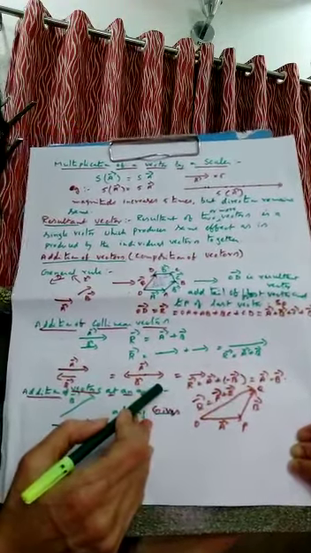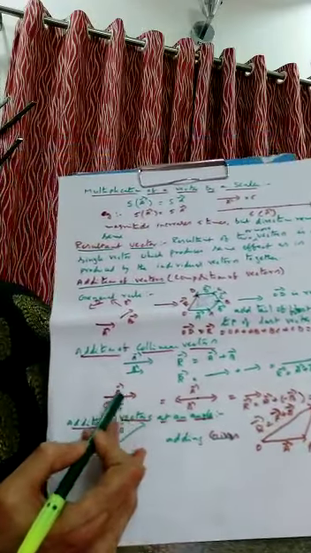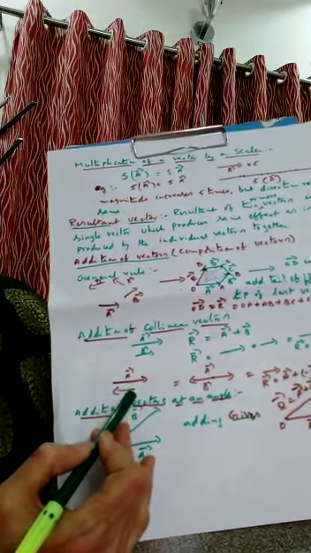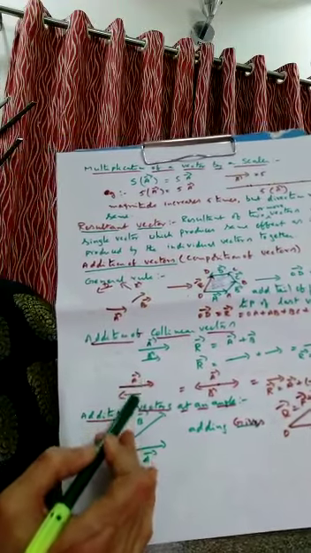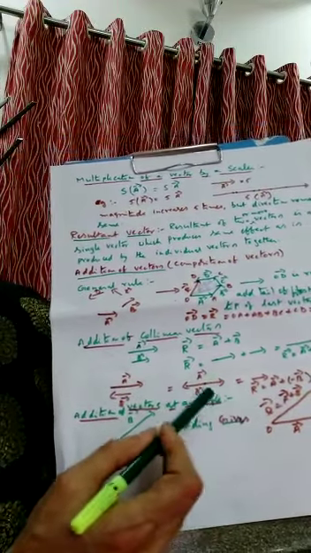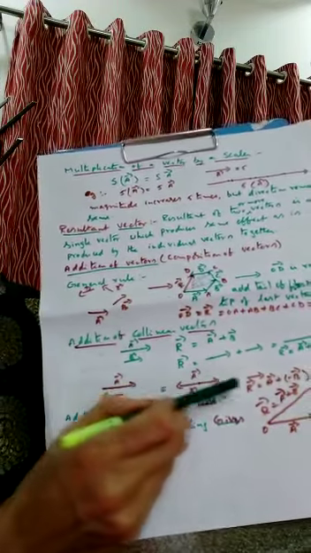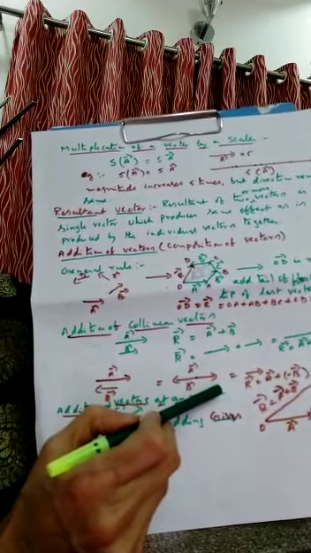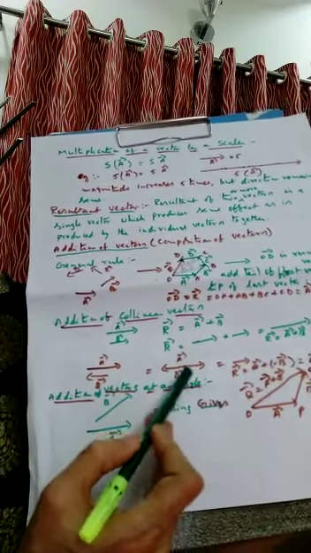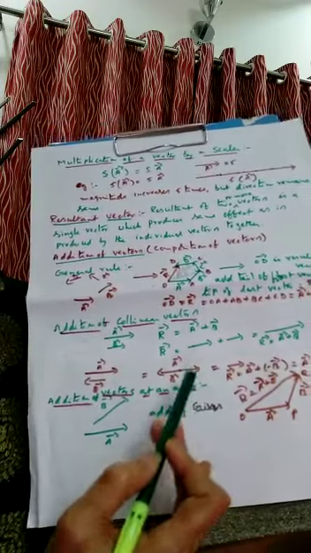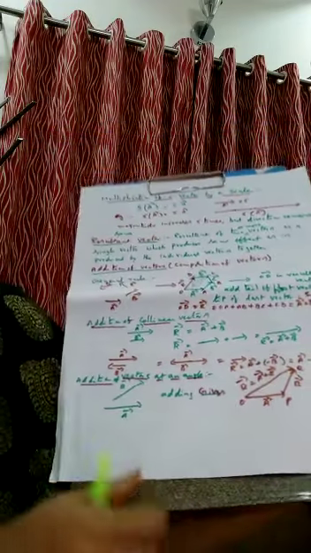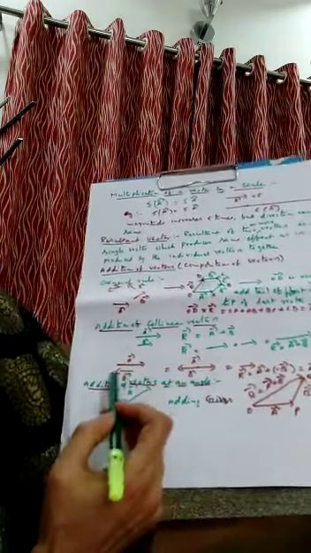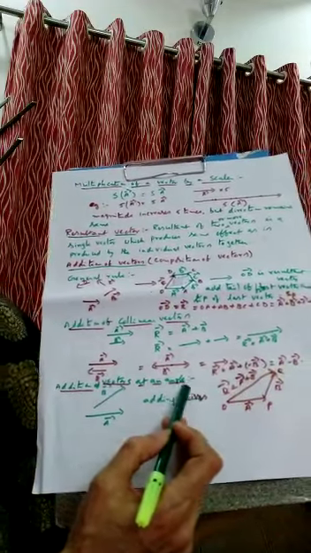Suppose here, see, what is the length of the vector A? This much. What is the length of the vector B? Less. But if you add them both here, the resultant vector is towards the vector of maximum magnitude, so that is from left to right. Got it? Followed?